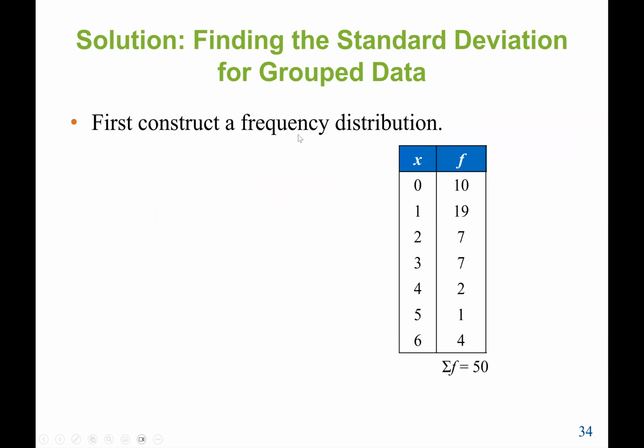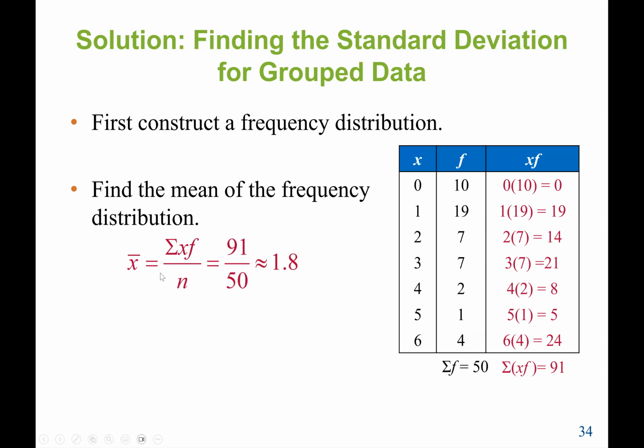First we construct our frequency distribution, categories from 0 to 6. We count each, and that will be our f, our grouping for each category. To find the mean, we had each value, but this time we have the frequency. So we can see for x equals 0, we have 10. When x is 2, we have 7, and 3 is 7. So we need to do the multiplication here.